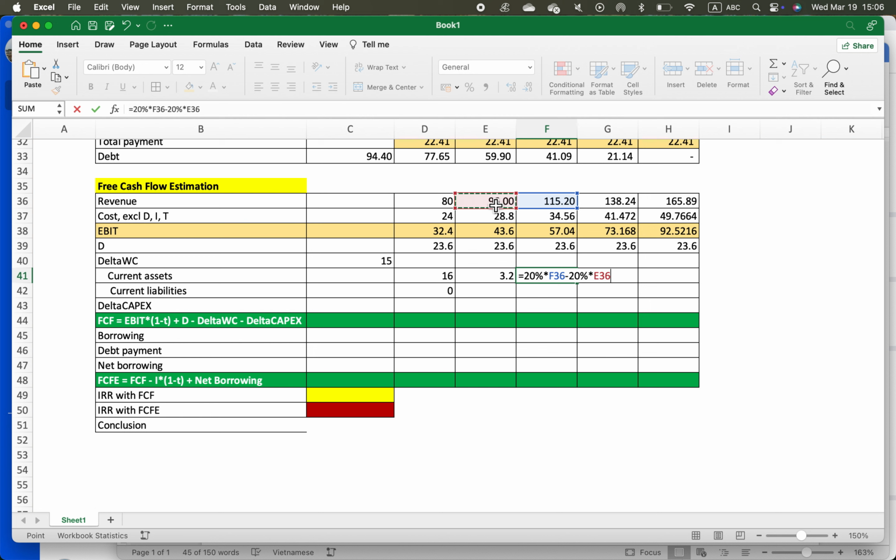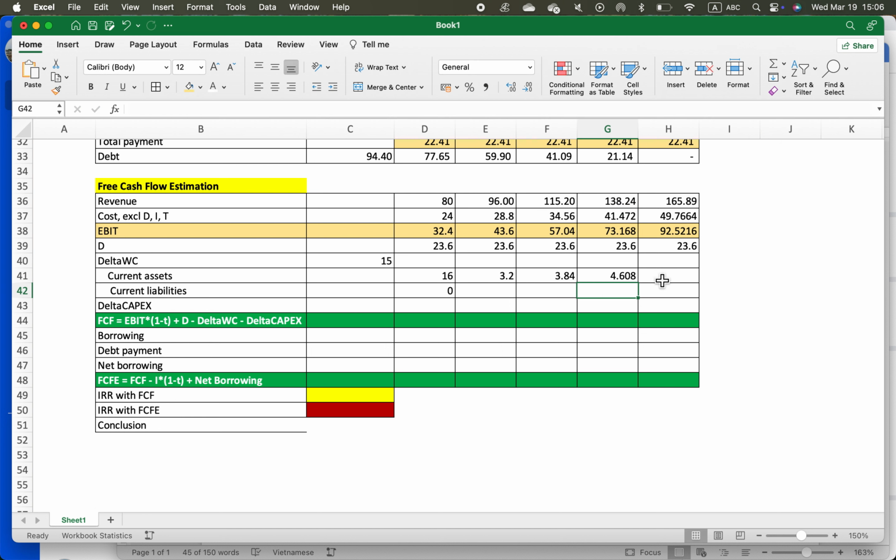Okay, that's it. And the next year, year 4, is gonna be 20% again of this one, minus 20% of the previous year, this one.